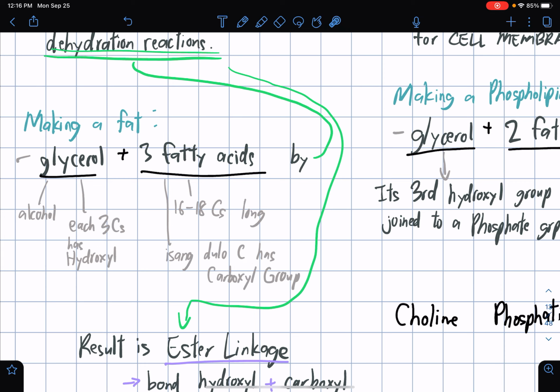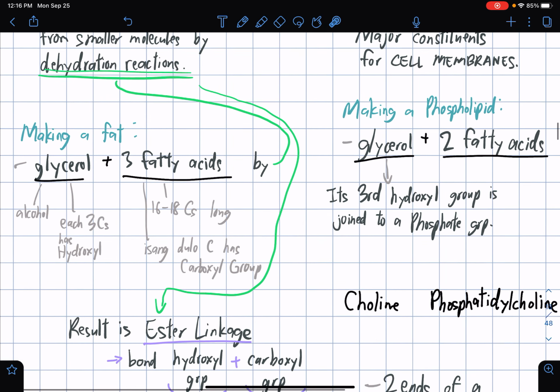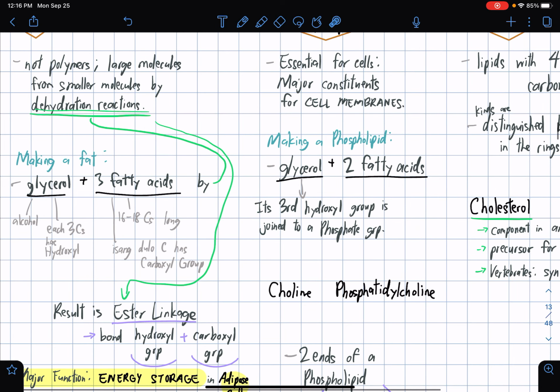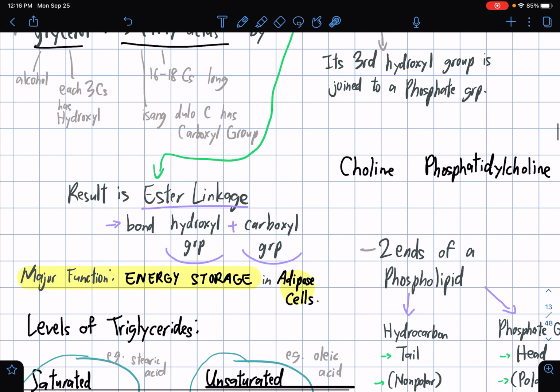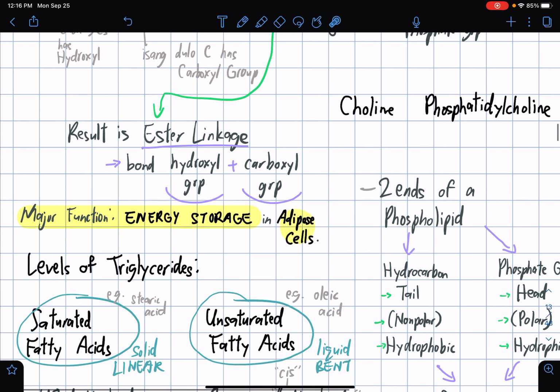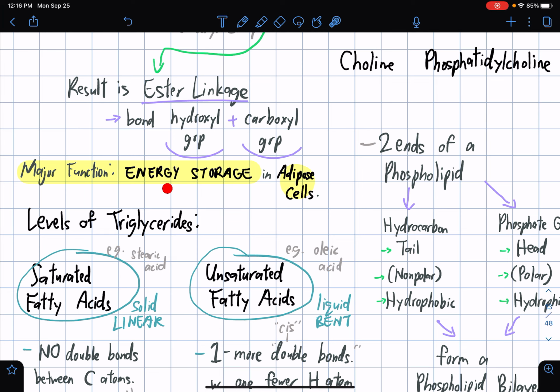Each of the three fatty acids is 16 to 18 carbons long, and at one end, the carbon has a carboxyl group. The result of the dehydration reaction is an ester linkage, basically the bond of hydroxyl and carboxyl group. The major function is energy storage in adipose cells.